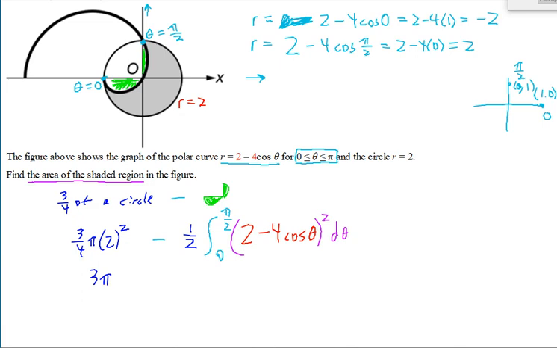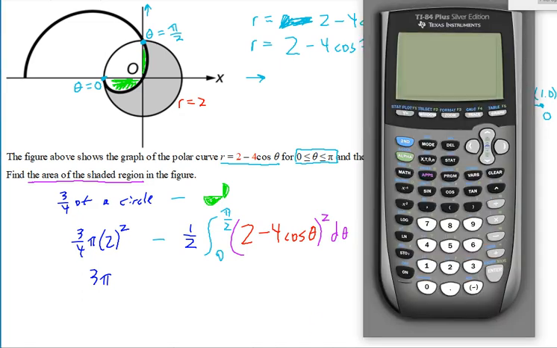And since they already gave us the graph, this is the only part we really need the calculator for. So let's start. You go 3 pi minus 0.5, math number 9, and then open parentheses, 2 minus 4 cosine.